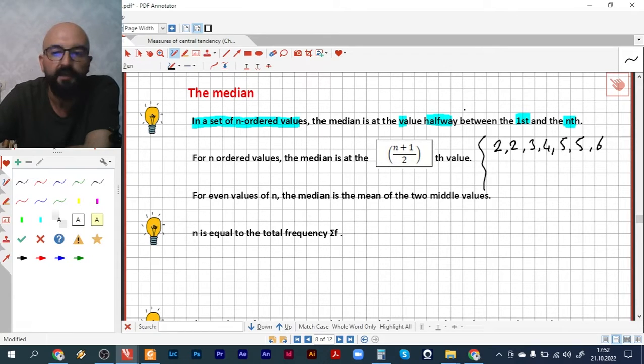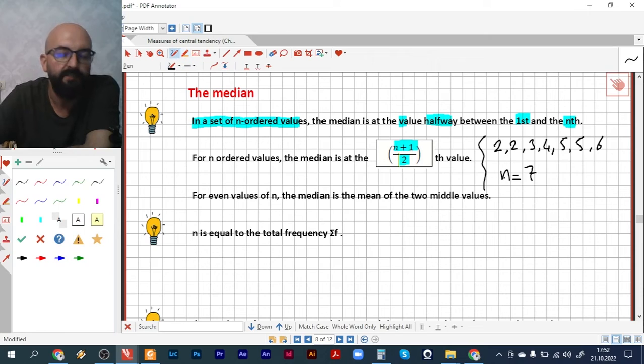You have 7 data, so n equals 7, and for n ordered values, the median is at the n plus 1 over 2 value.